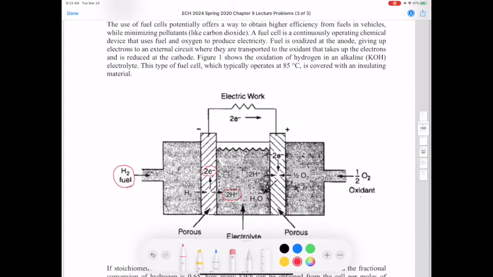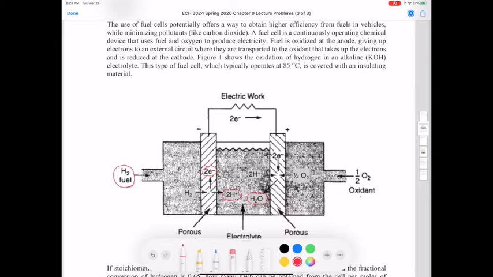And so the protons react with the oxygen in order to form water, which you see here. And that's the basic outline of how a fuel cell works.